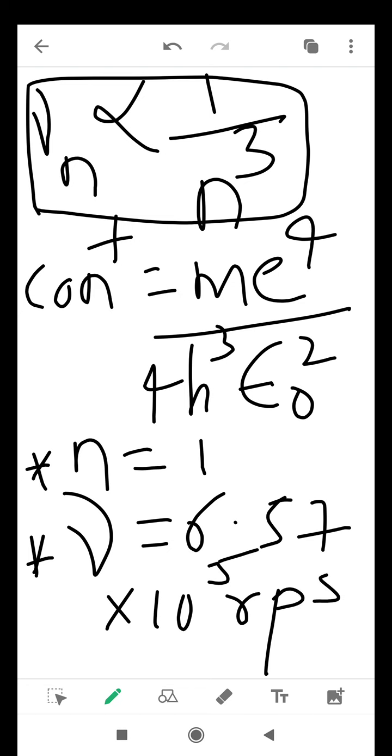With this much frequency, the electron is revolving in its first orbit. So this is all about the frequency of an electron in the nth orbit of hydrogen atom. Continue in the next session. Thank you.